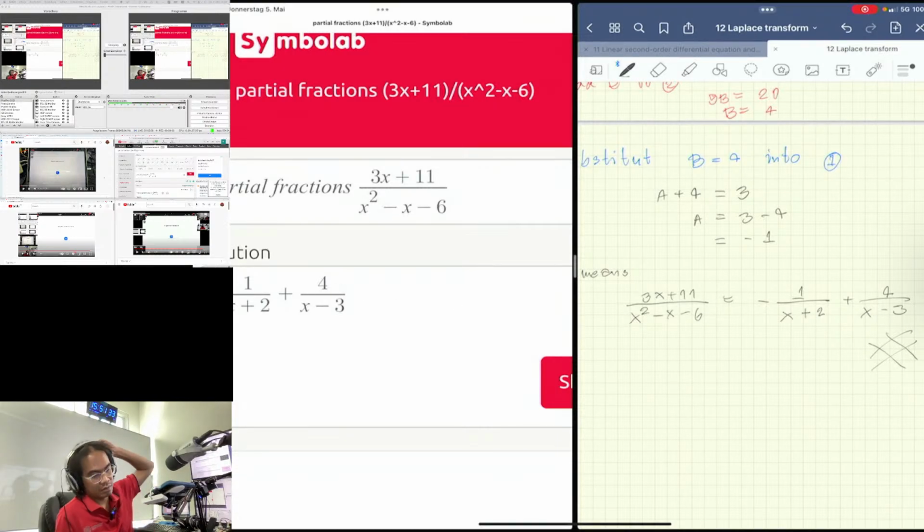You can use the internet to check your result. I would say it is very convenient for you at the moment, because during my bachelor degree, more than 20 years ago, we didn't have such a website. You had to do it by hand. Sometimes it's correct, sometimes it's wrong, so you get confused easily.